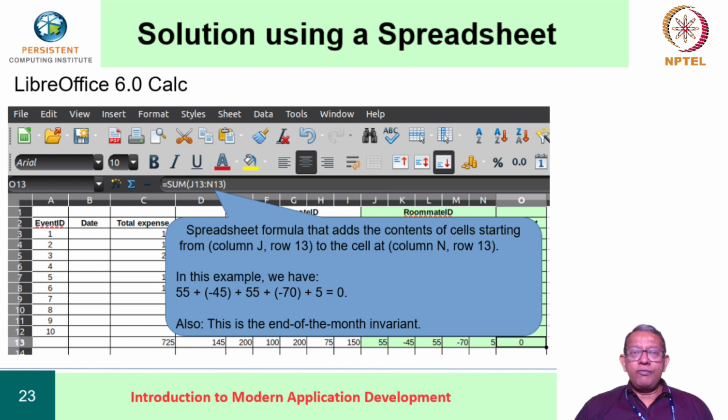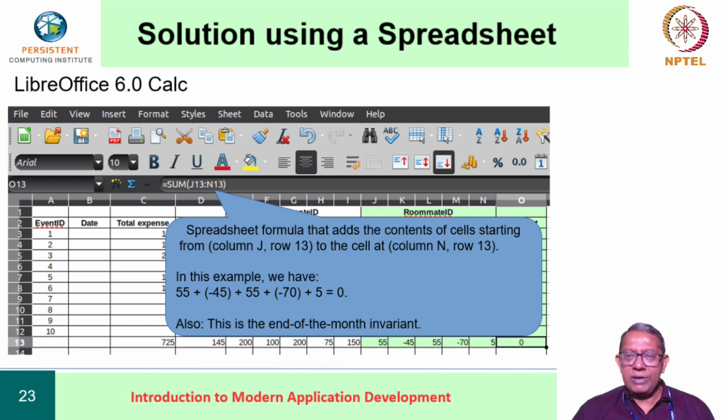Here is also a spreadsheet formula for people who might not know about spreadsheets. This formula calculates the sum of contents of cells starting from column J and row 13 to column N and row 13. In this particular example, we have 55 minus 45 plus 55 minus 70 plus 5, which is 0.